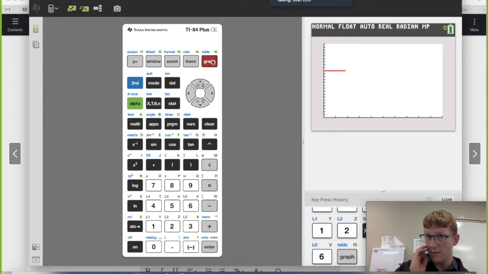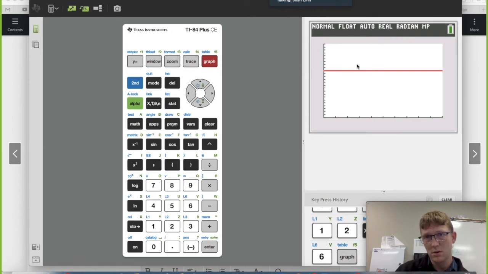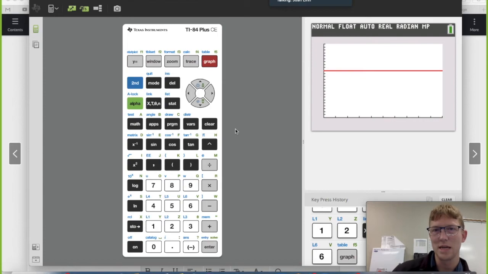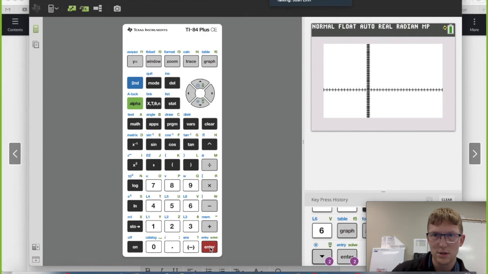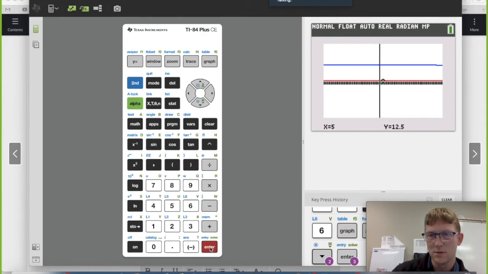So we look at the graph of that. There's our y equals 16, but our exponential decay function is not even on the screen. I usually just zoom out until I can actually see something. Okay, so we see this.